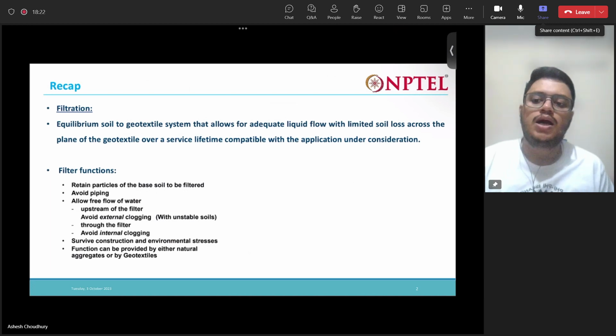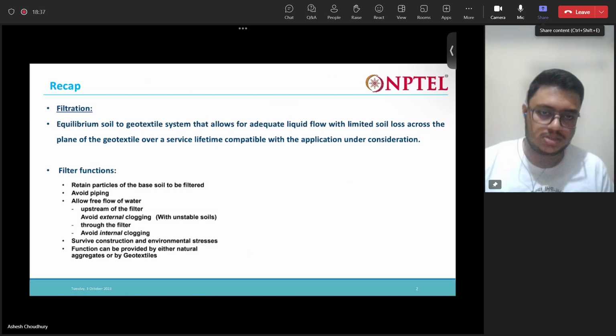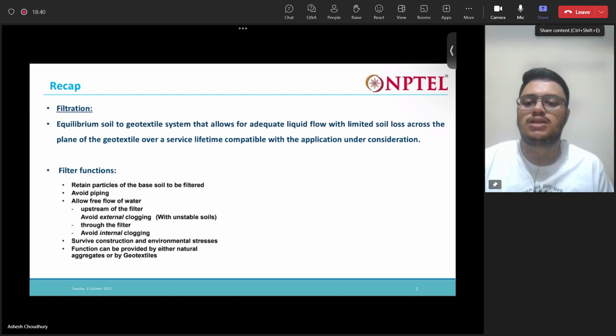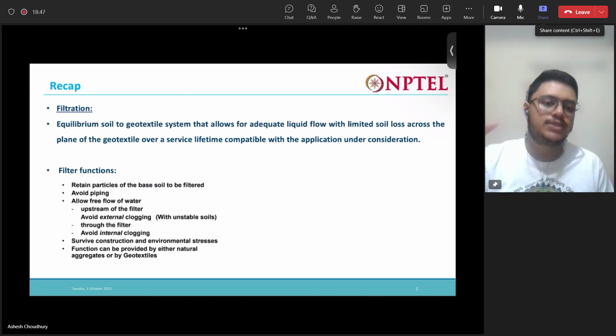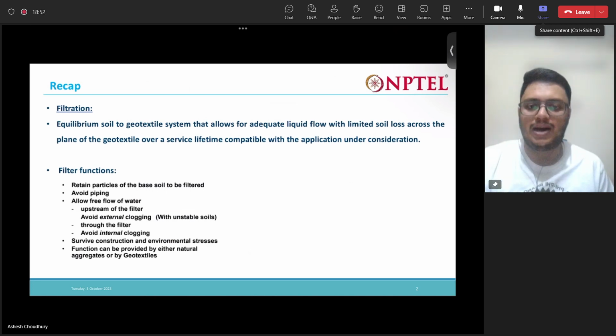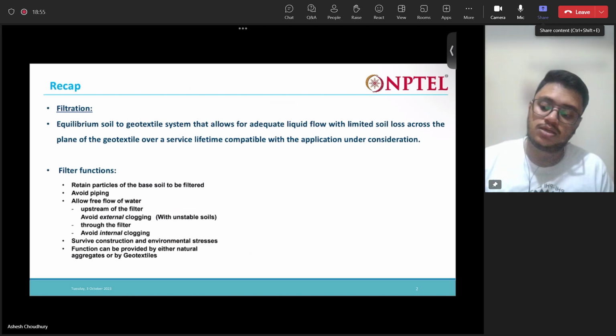So, an equilibrium soil-to-geotextile system that allows for adequate liquid flow with limited soil loss across the plane of the geotextile over a service lifetime compatible with the application under consideration. That means the geotextile system should allow adequate liquid, that is water, to pass through it, but it should restrict the passage of soil.